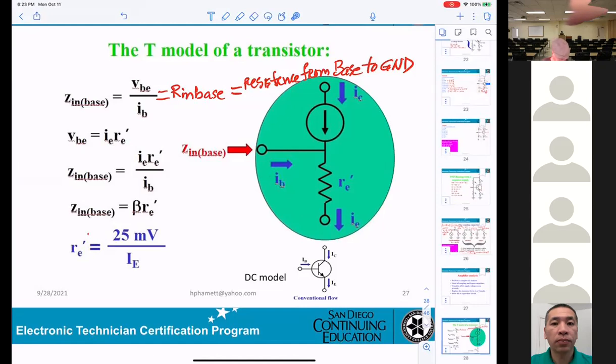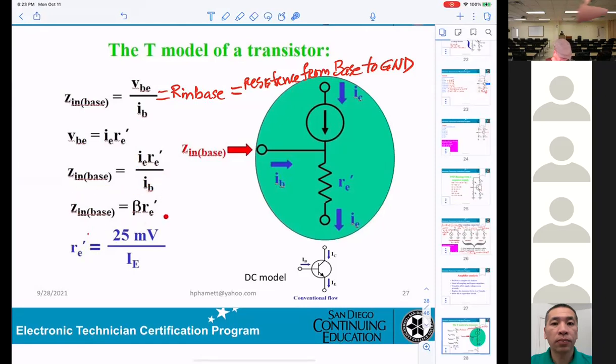And now they can give it to you. Z in base equals IE times R prime E divided by IB. Then they substitute IE equals beta plus 1 times IB, and IB cancels.